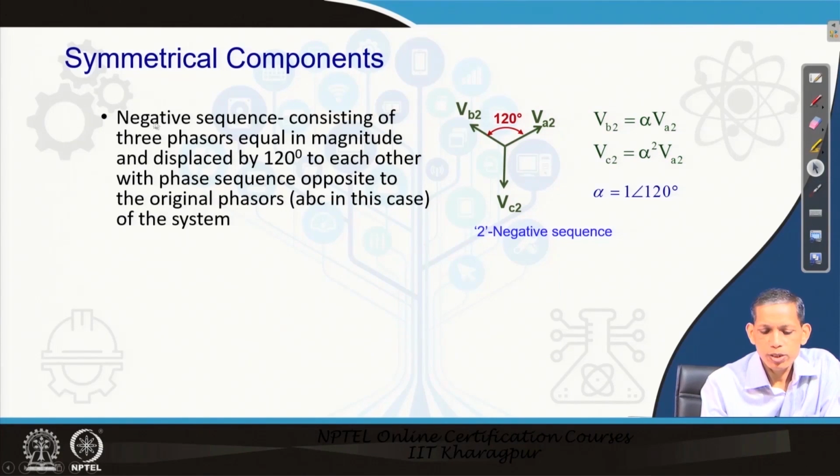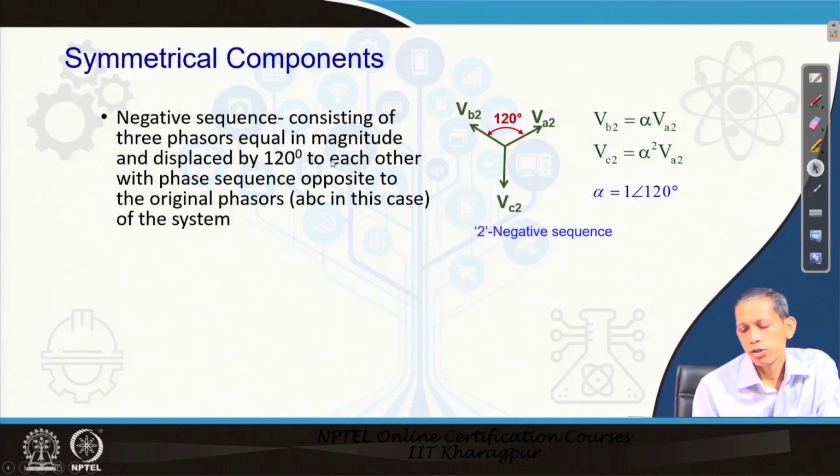Similarly, the negative sequence component consists of again three phasors having the same magnitude and 120 degrees separated, but here the phase sequence is opposite to that of the system. So it is opposite to the positive sequence we saw earlier.